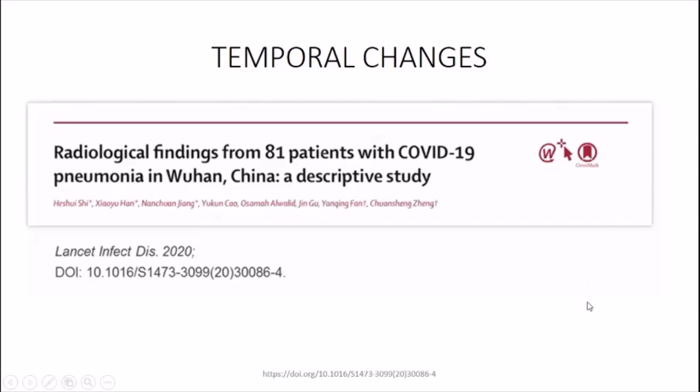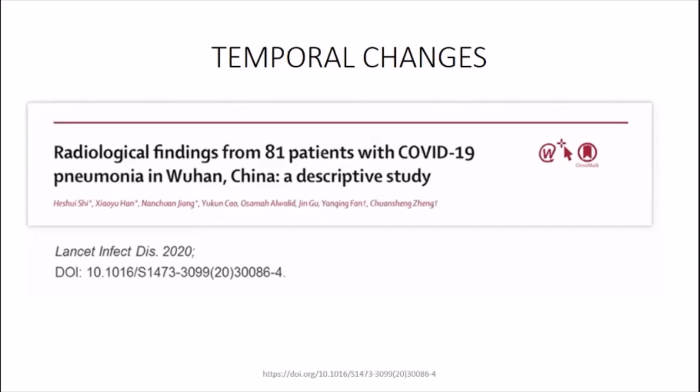Now we will talk about the temporal changes, which means the changes by time. So in each disease stage, what kind of findings will we see early on, at the peak of lung involvement, and later on.